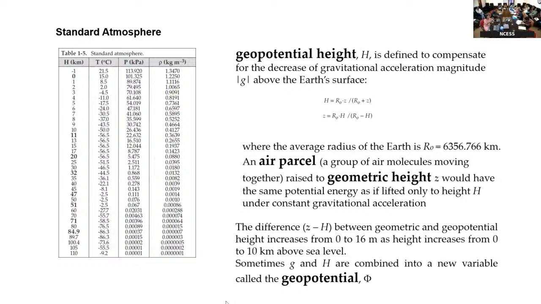If we lift an object against gravity, what kind of energy does it gain? Potential energy. It works against gravity and gains that potential energy. So we need to give a constant value to gravity, the constant G.